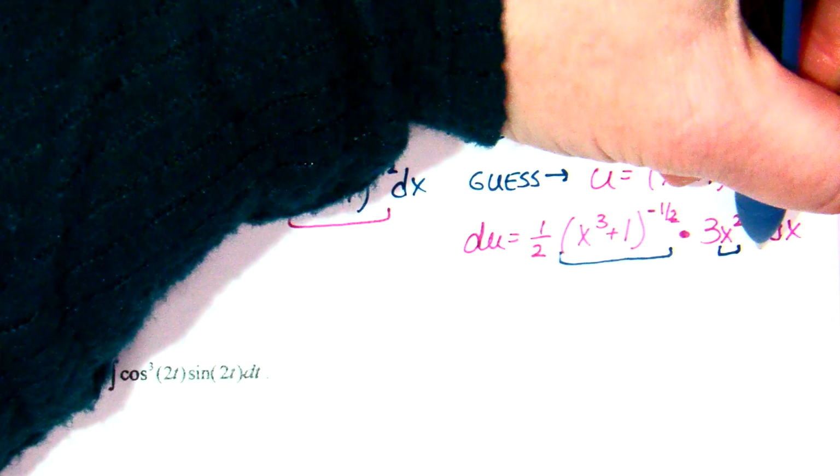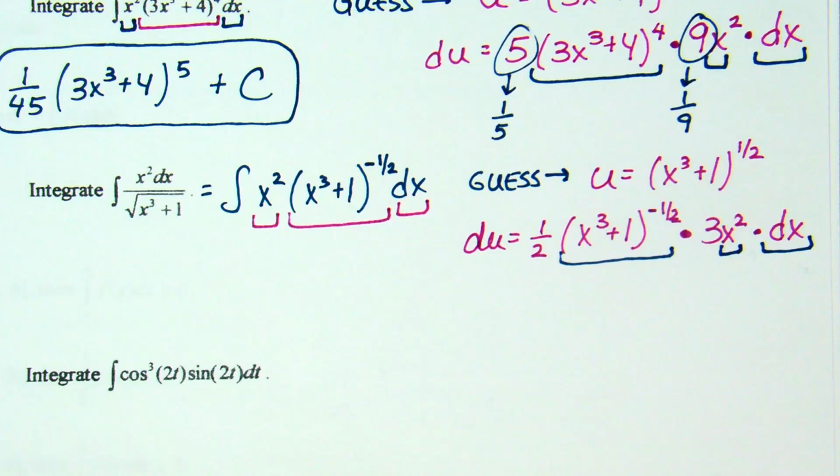So as I look at my matching pieces, x cubed plus 1 to the negative 1/2 matches, right? My x squared and my dx match. My leftover pieces I have to accommodate for are 1/2 and 3.